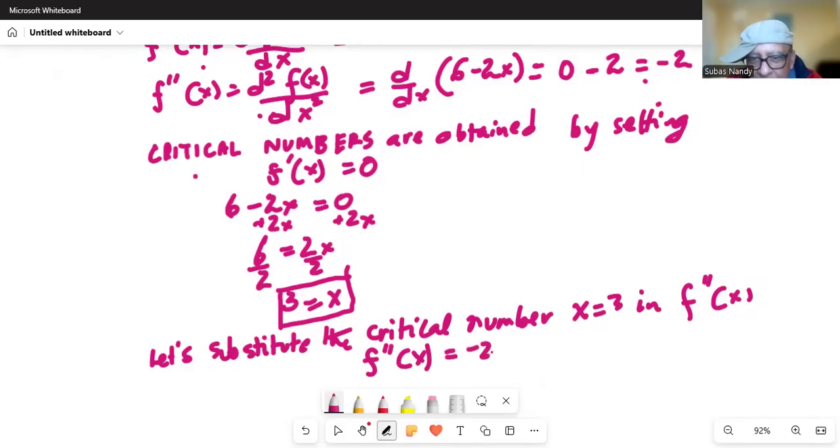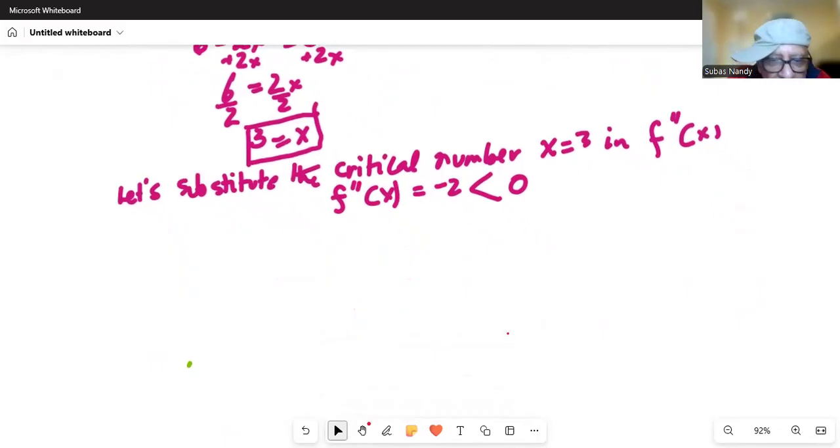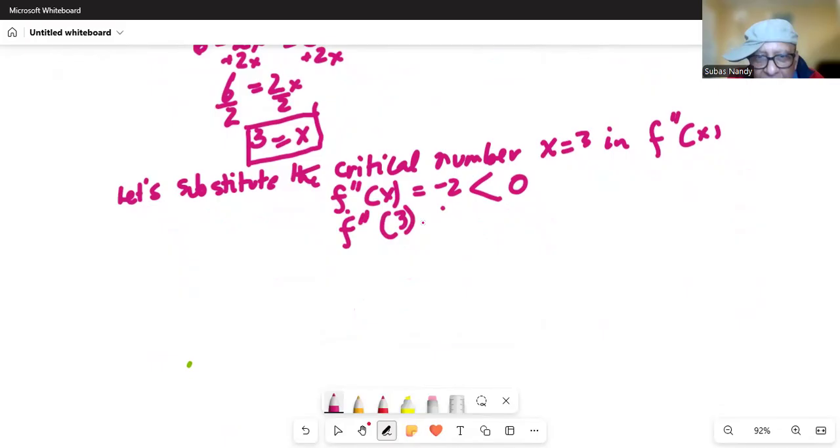Being minus 2, that means it is less than 0. So f double prime of 3 is also less than 0.